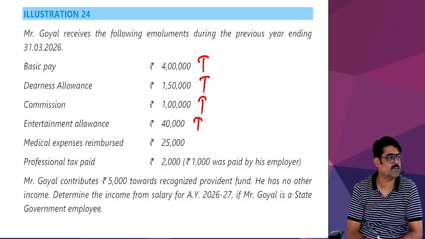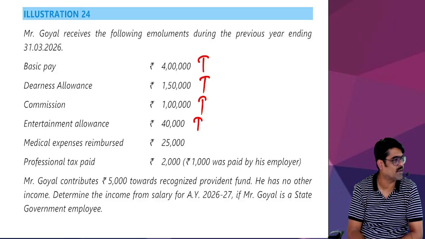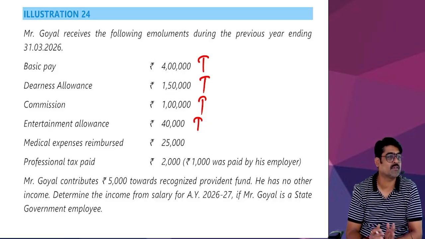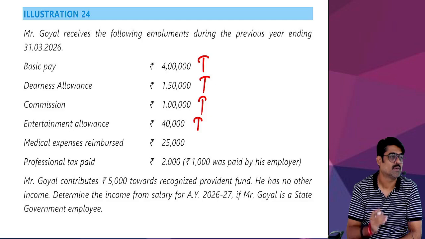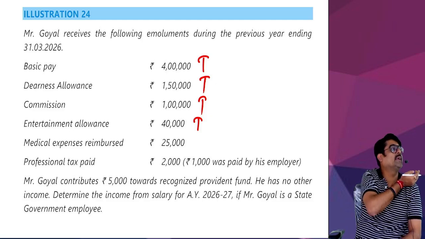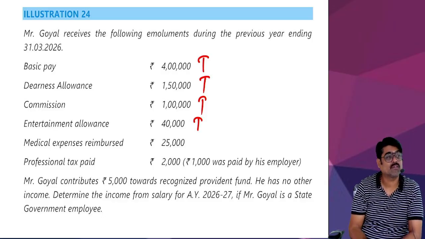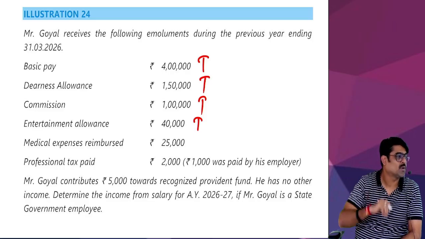Don't call exemption a deduction and deduction an exemption. Both things are different. I told you in my first lecture itself. Exemption and deduction are different things. Deduction is after including income in the computation, eliminating the income. That is known as deduction. And exemption means an income which is not included in the total income at all.